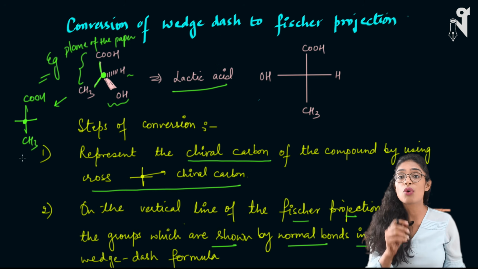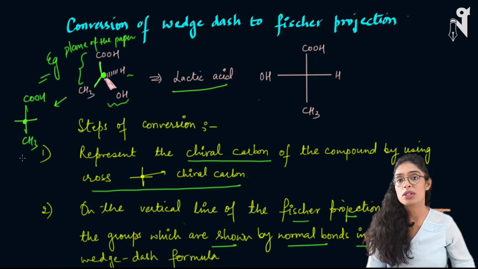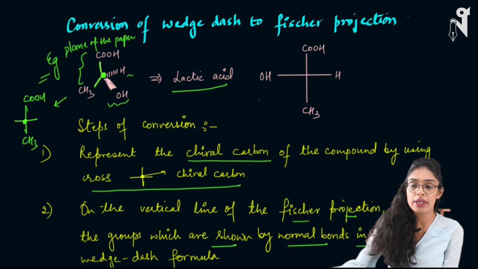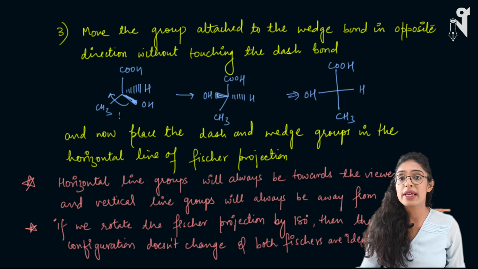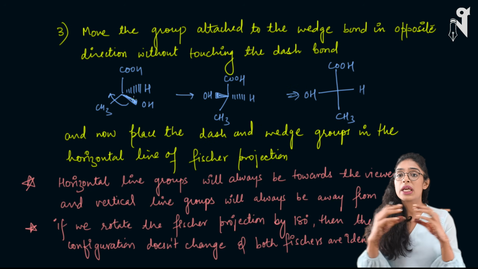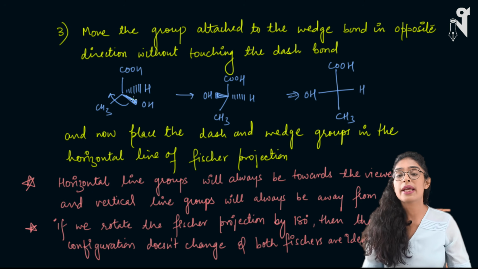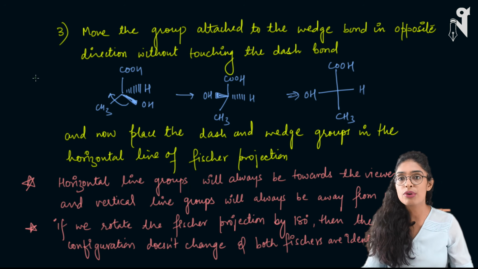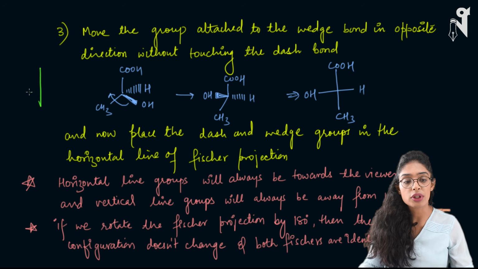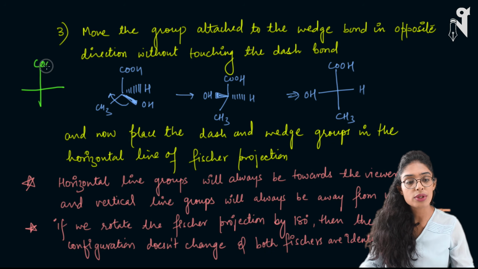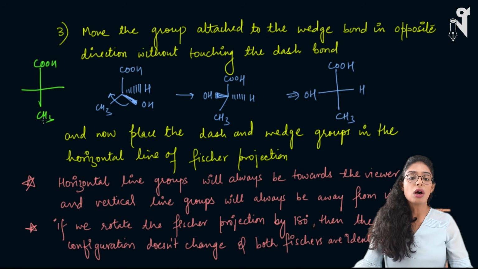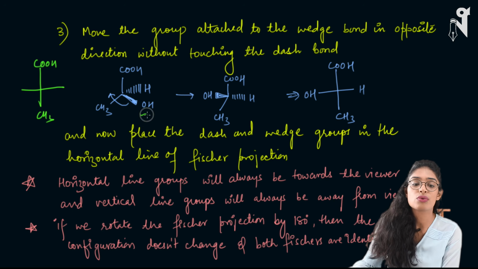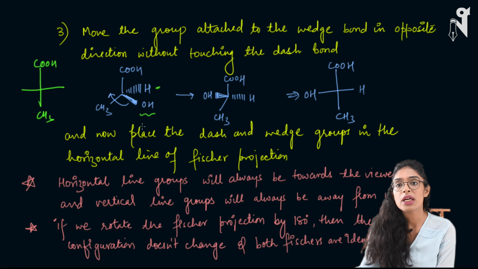Now we have to figure out what to put on the horizontal line. The next rule says that we now have to place the groups on the horizontal line, and there can be a little confusion about how to place them. Till now we have put CHO over here, CH3 over here. Now what we can see is OH is present on the wedge bond, whereas hydrogen is present on the dash bond.